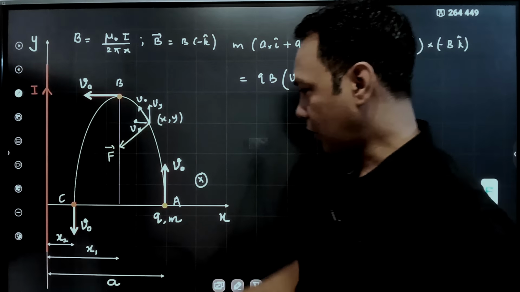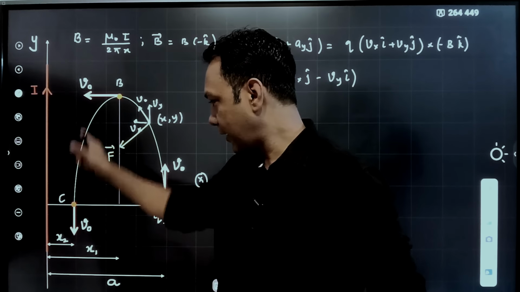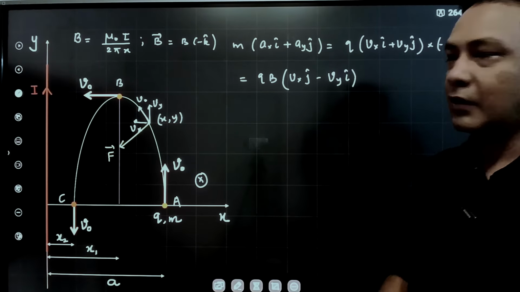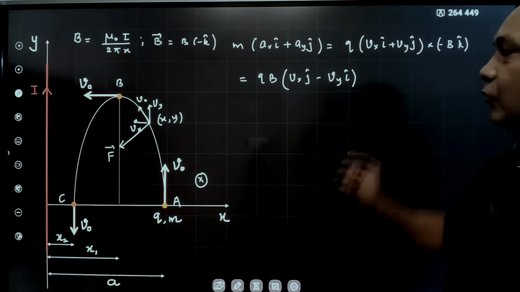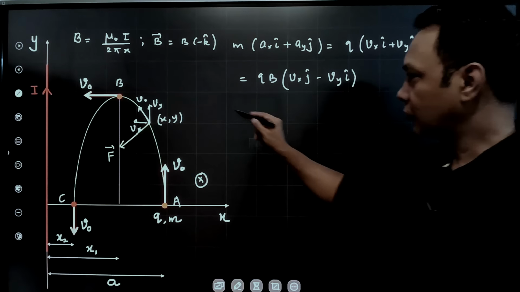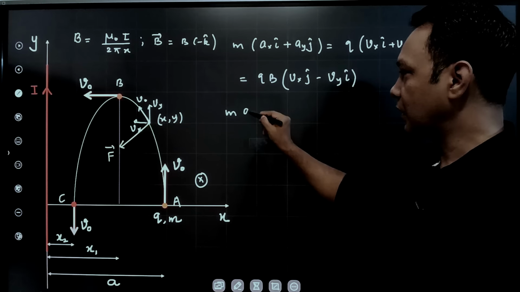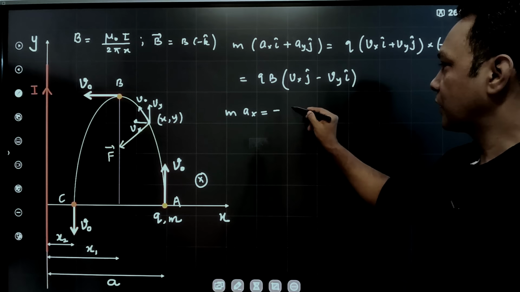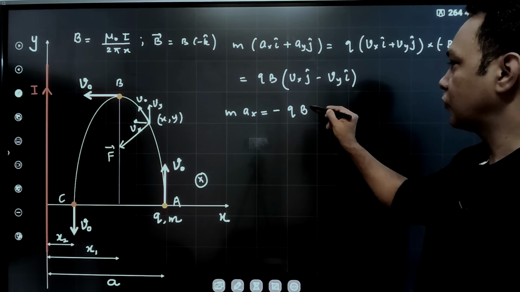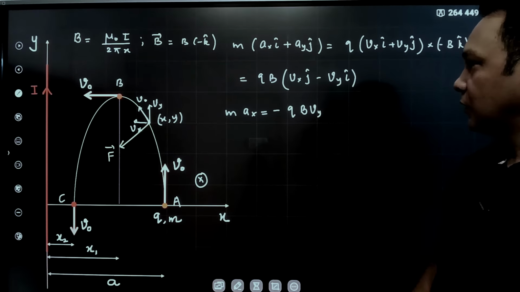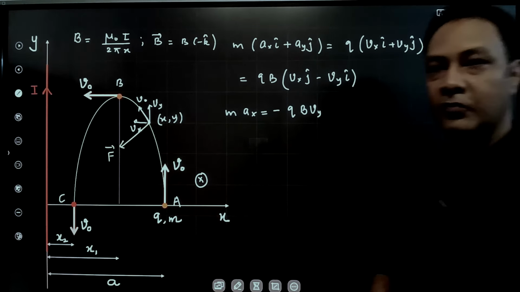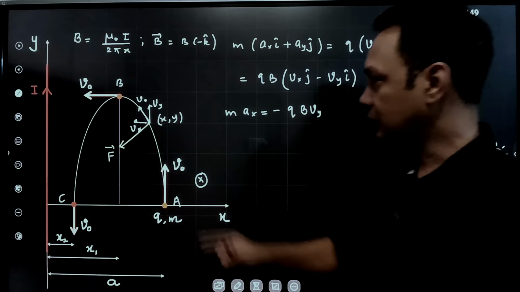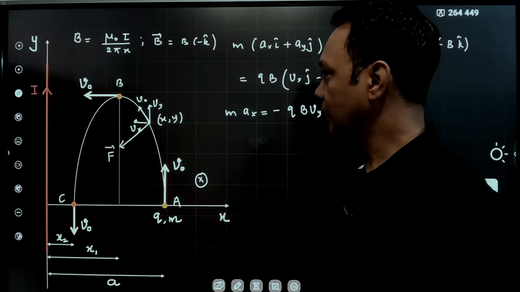So basically I have to work on the x coordinate, so I will take the x component of this equation. So let me take m ax is equal to, the x component would be minus qB into Vy. How can I get Vy in terms of x? See, the speed is constant.